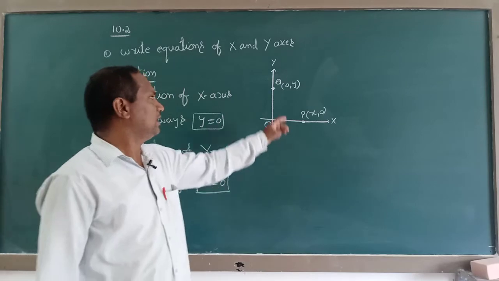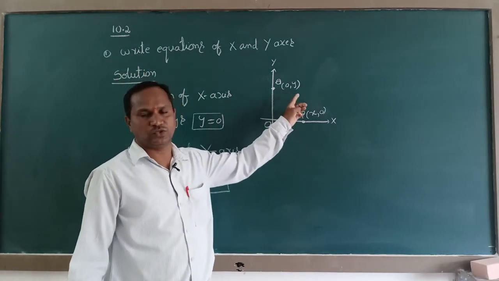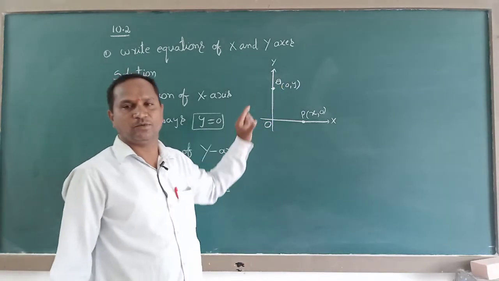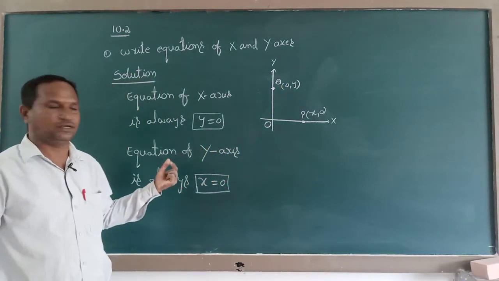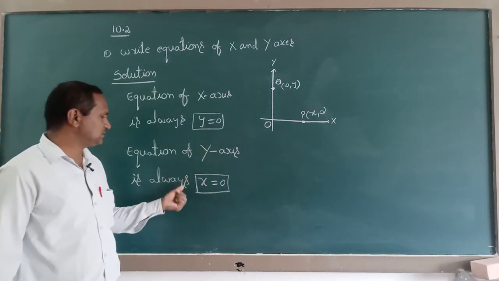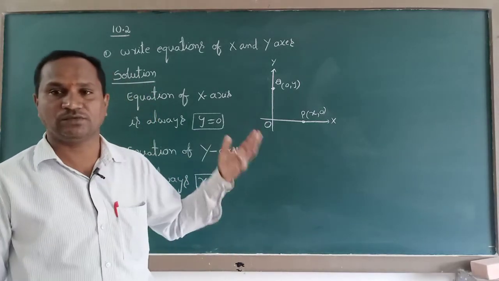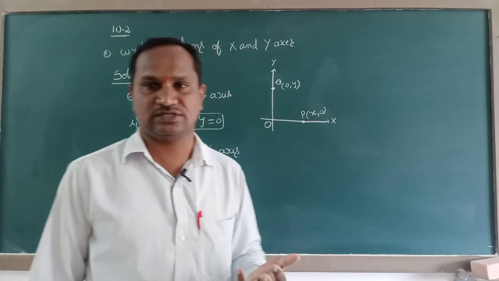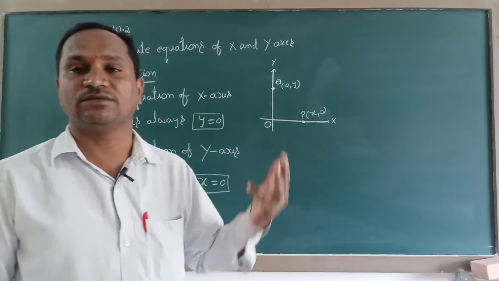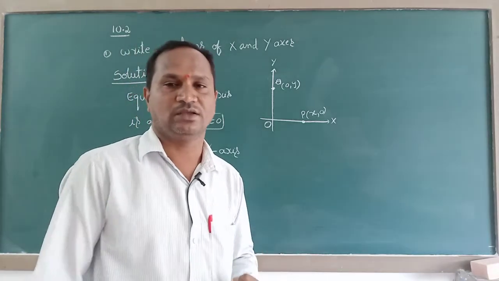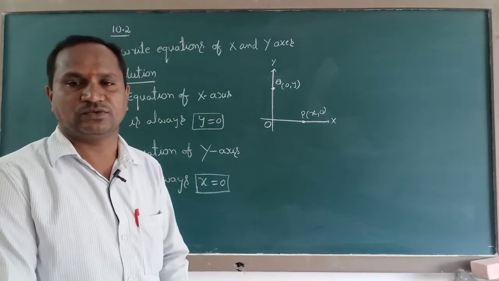That is the abscissa value is equal to 0, that is x is equal to 0. Based on that, we have written the equation of y axis is always x is equal to 0. Like that we are giving equations for the coordinate axes. Like that we are giving the answer for the first question of exercise 10.2. Now let us solve another question.